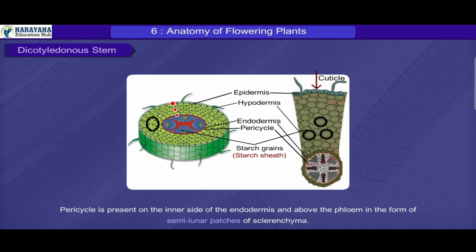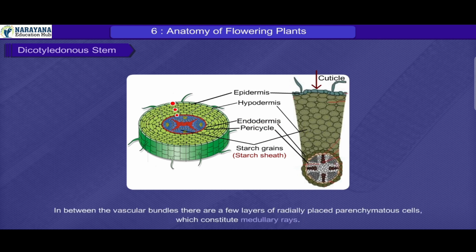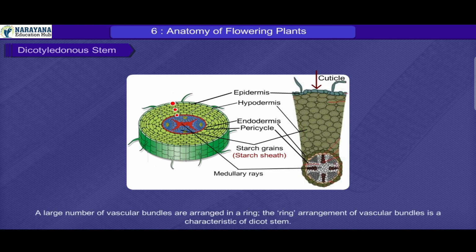Pericycle is present on the inner side of the endodermis and above the phloem in the form of semilunar patches of sclerenchyma. In between the vascular bundles, there are a few layers of radially placed parenchymatous cells, which constitute medullary rays. A large number of vascular bundles are arranged in a ring.